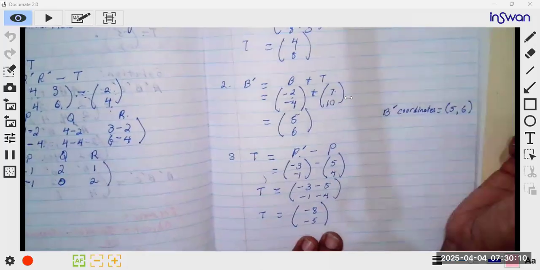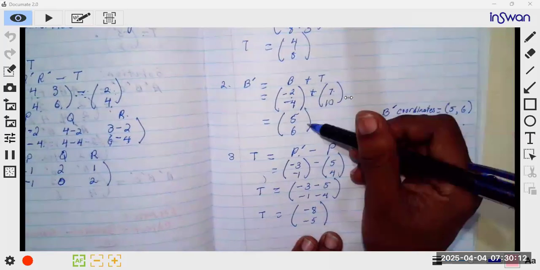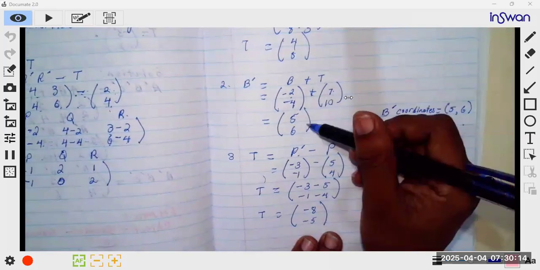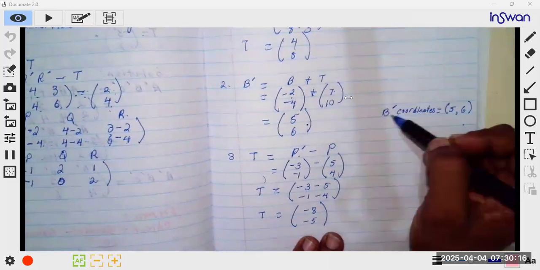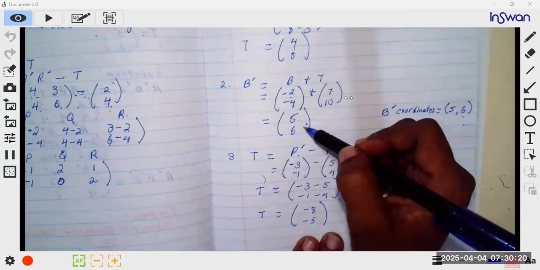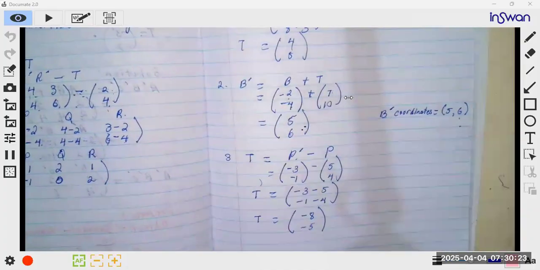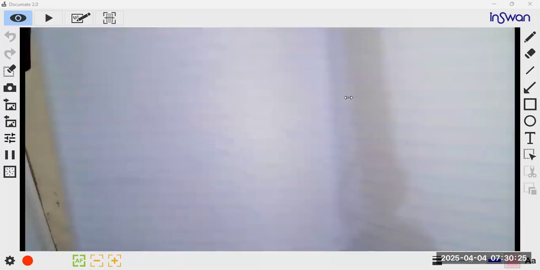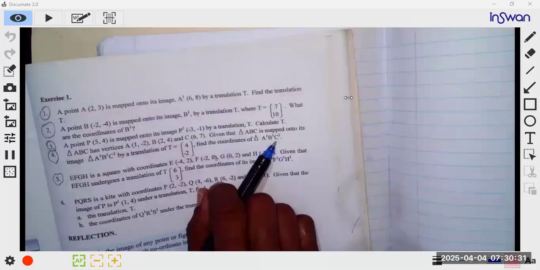This is a coordinate. This is a vector. All right? You're listening? This is in the form of coordinates. This is in the form of a vector. Okay? So number 4, they want to find the coordinates of A prime, B prime, C prime, but we could solve it as before. Okay?